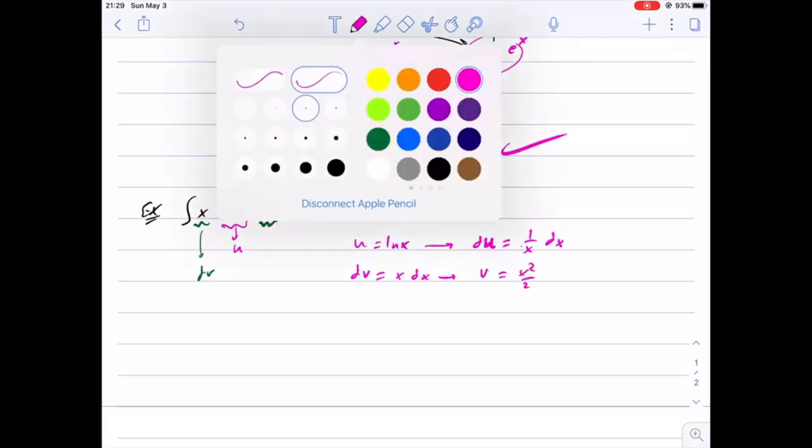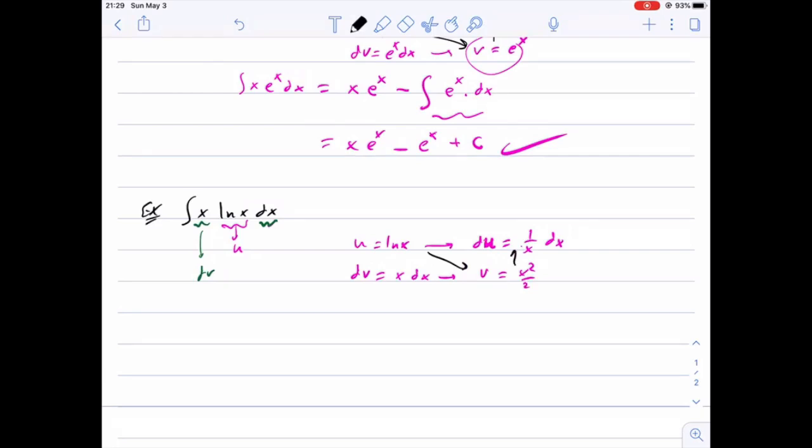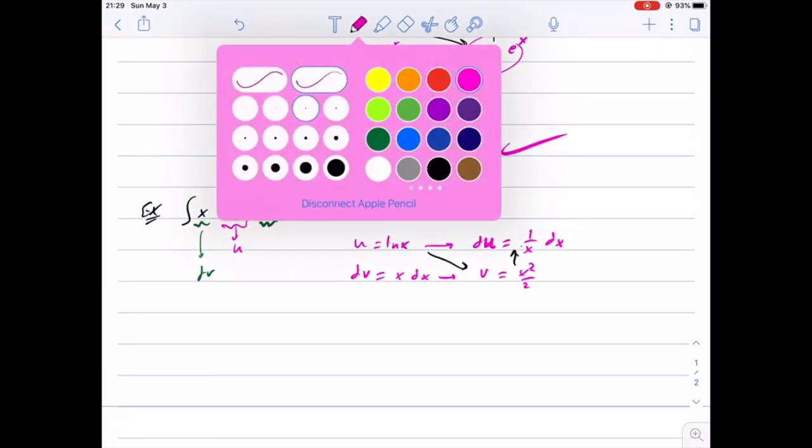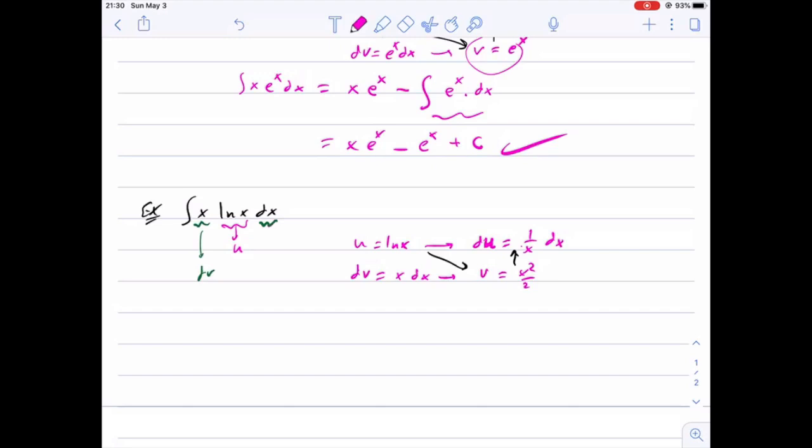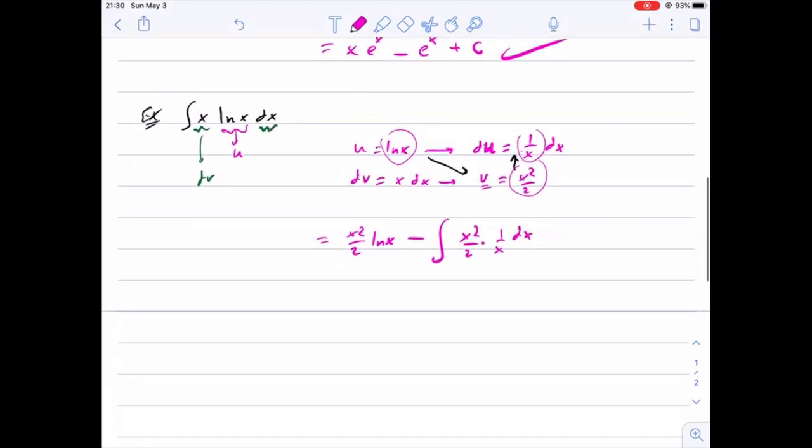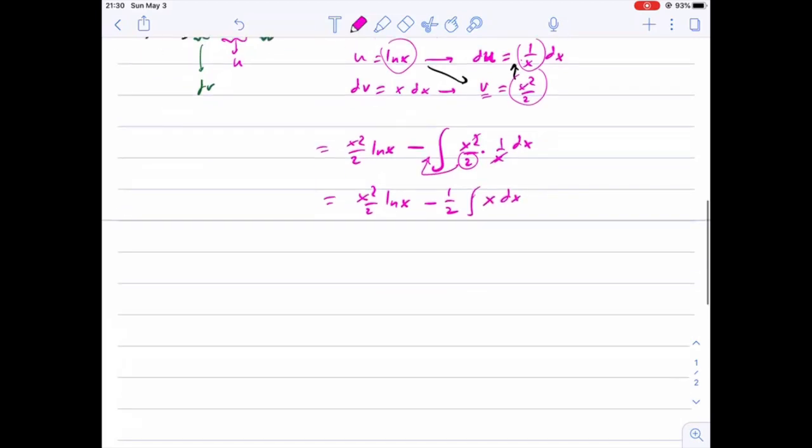Then we multiply this way and we integrate this product, so we get u times v, ln x times x squared over 2, x squared over 2 natural log x, minus the integral of v du. v is x squared over 2 times du is 1 over x dx, and then we simplify here to get x squared over 2 natural log x minus, here this is a constant, we can pull it out of the integral of x dx, and then we continue.